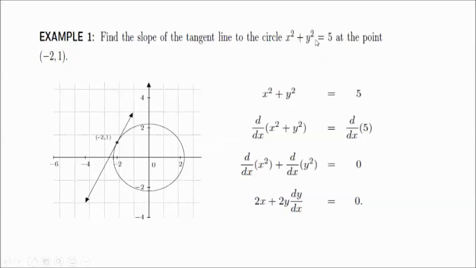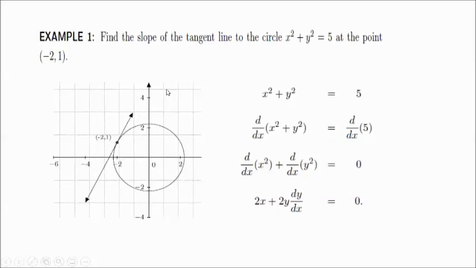So ito pa rin yung equation natin, class. So dito specifically, we will find the slope of the tangent line to the circle x squared plus y squared is equal to 5. So this is actually an equation of a circle, class, kapag ganito. Kapag ginraph mo siya, ito yung labas niya.